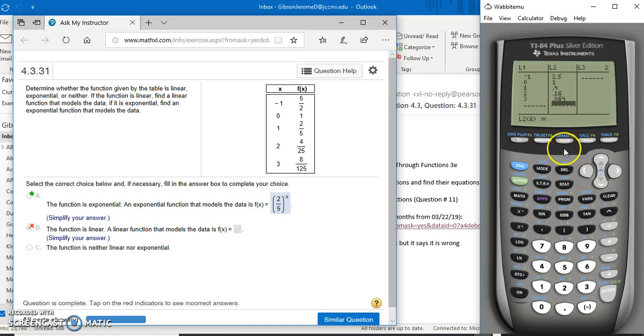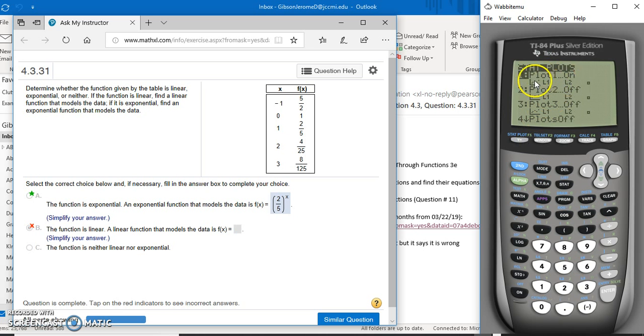Now what we need to do is go to Zoom and go down to ZoomStat so we can get a good look at the graph of these values. But first, we need to press 2nd and Y= and make sure that Plot 1 is on.